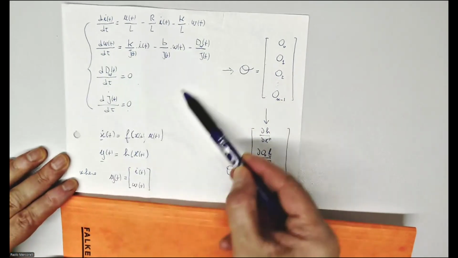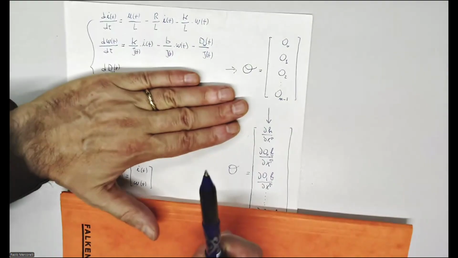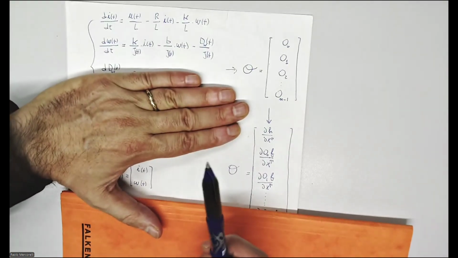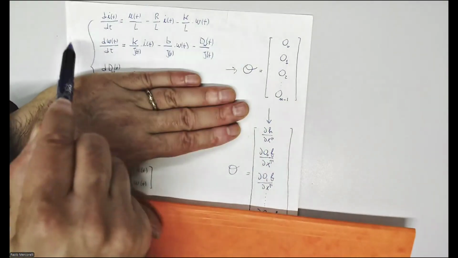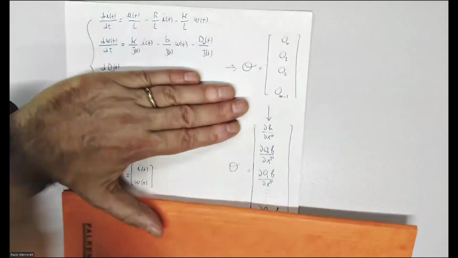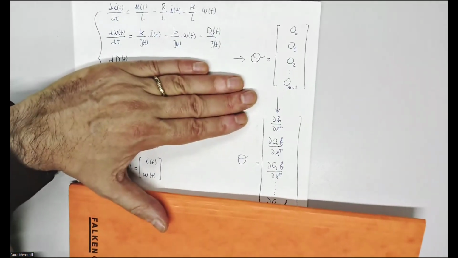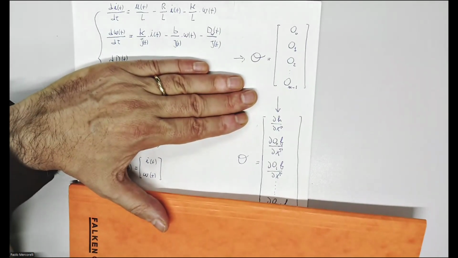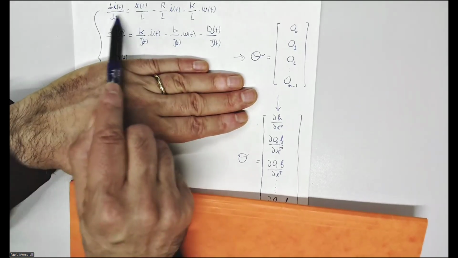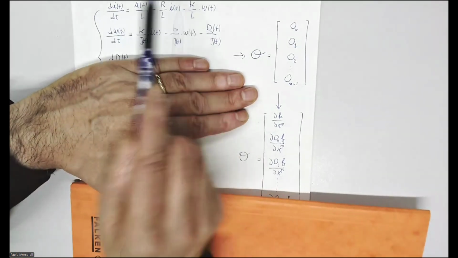Okay, let's consider. Please pay attention, very shortly, to sum up what we did last time. Let me consider this system here, which is the motor which you have seen during the semester. Here we have the electrical circuit.